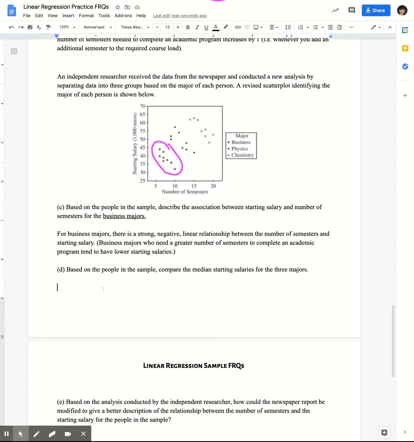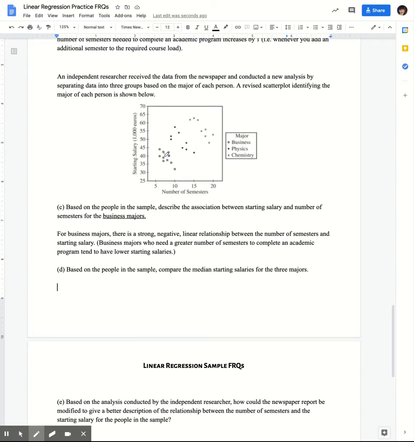Right? Okay, part D says, based on the people in the sample, compare the median starting salaries for the three majors. So this is a little bit tricky, partially because we don't usually talk about median when it comes to scatter plots, right? That's not usually something that we look at.